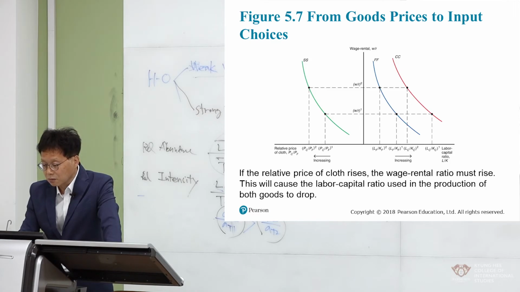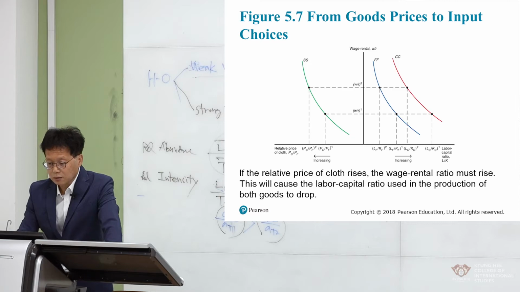In this graph, from L1 over K1A to L1 over K1T, moving here to here. And in sector 2, from L2 over K2A to L2 over K2T, so moving from here to here.